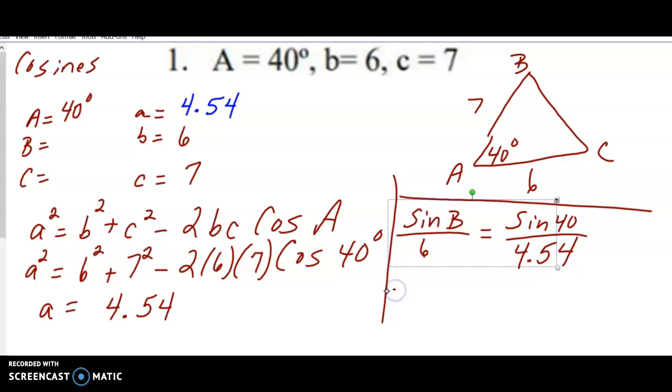And then you're just going to cross multiply here. 6 times the sine of 40 equals 4.54 times the sine of B. And then you're going to divide both sides by 4.54.